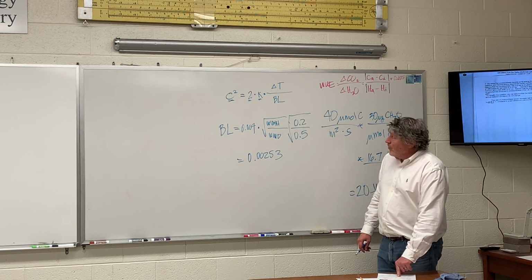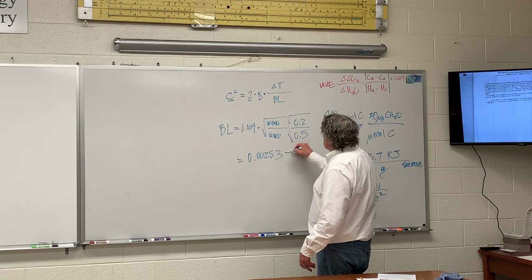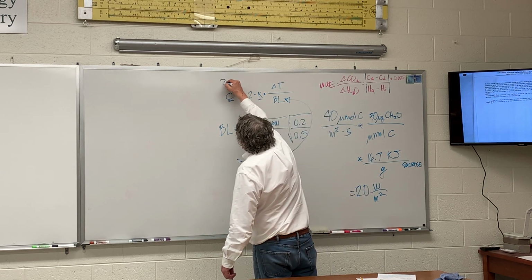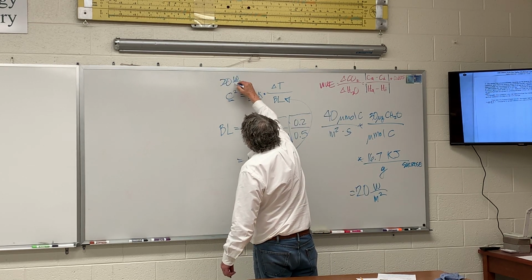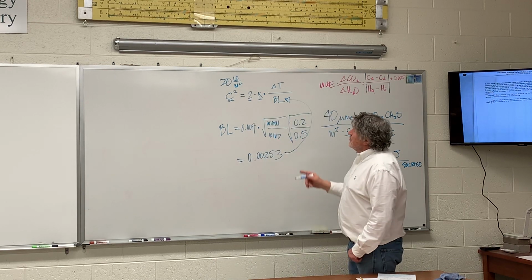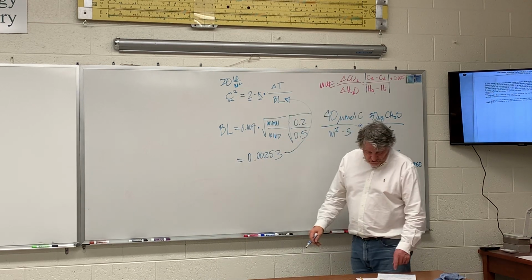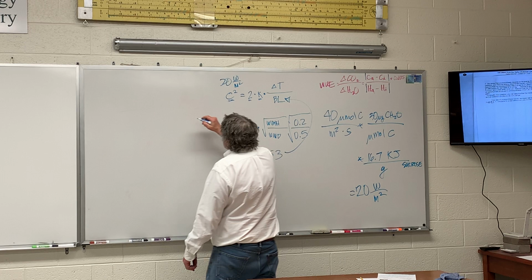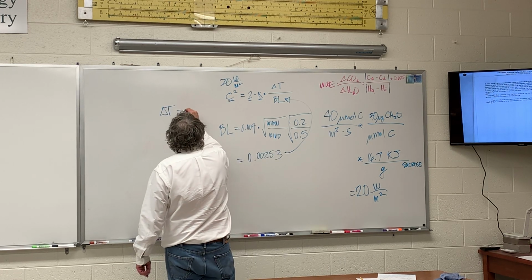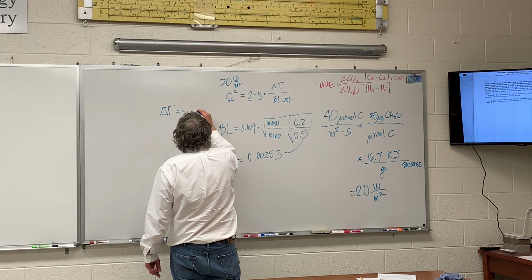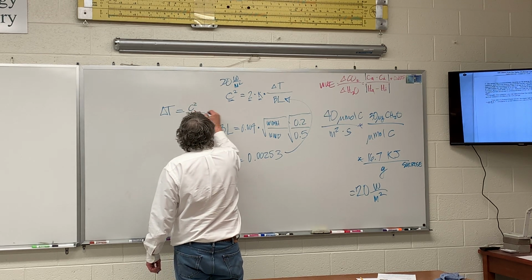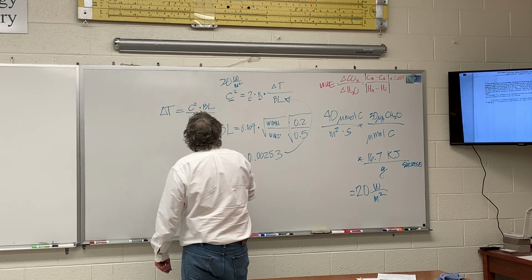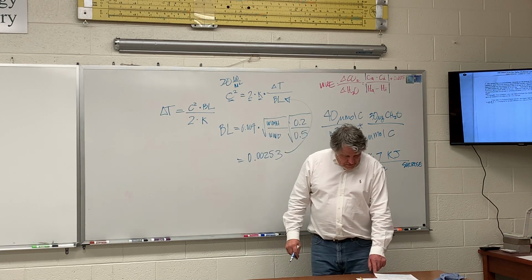So, we've got all of our parameters here. This one goes here. This one goes up here, 20 watts per meter squared. Now let's rearrange this to solve for delta T. And once we do that, delta T is C squared over 2 times K times the boundary layer.